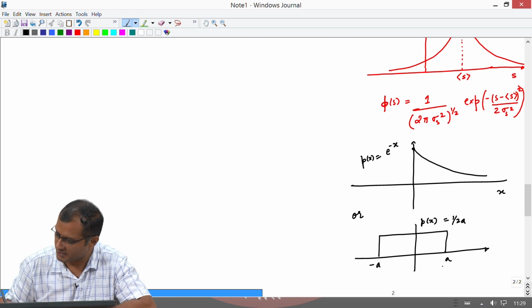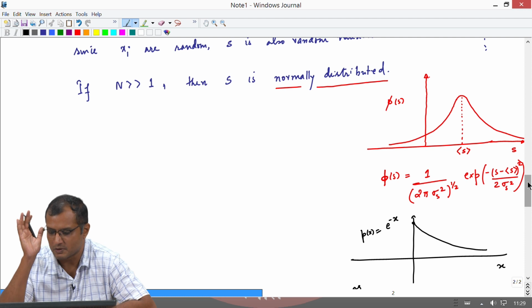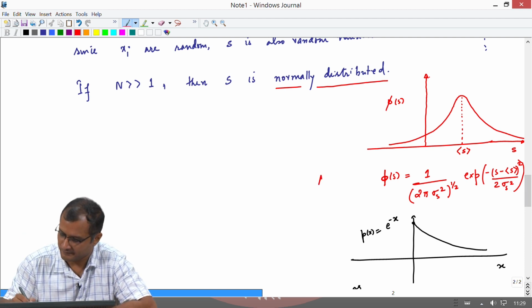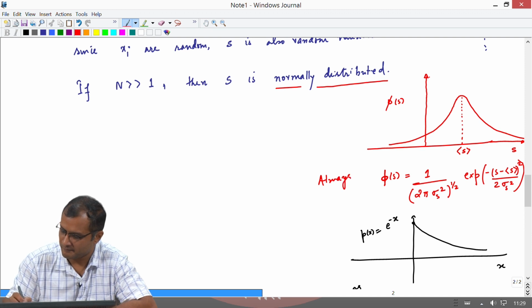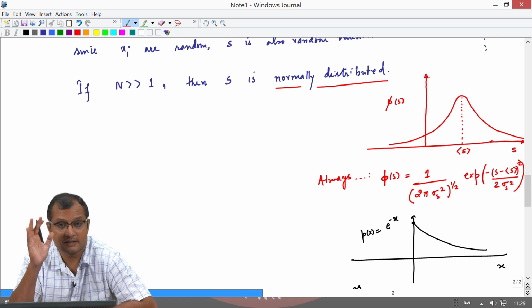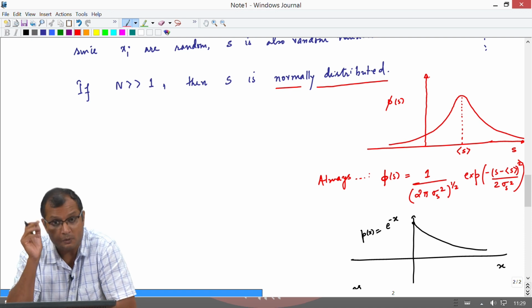Does not matter, you can take any P of x, your phi of s will be always normally distributed. Okay. Beautiful result, it does not care which PDF you take, as long as you take a large number of them, the sum will be normally distributed.